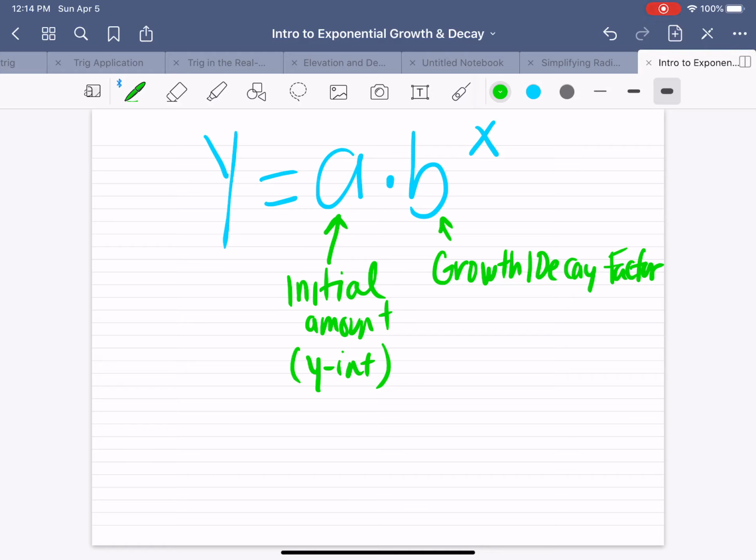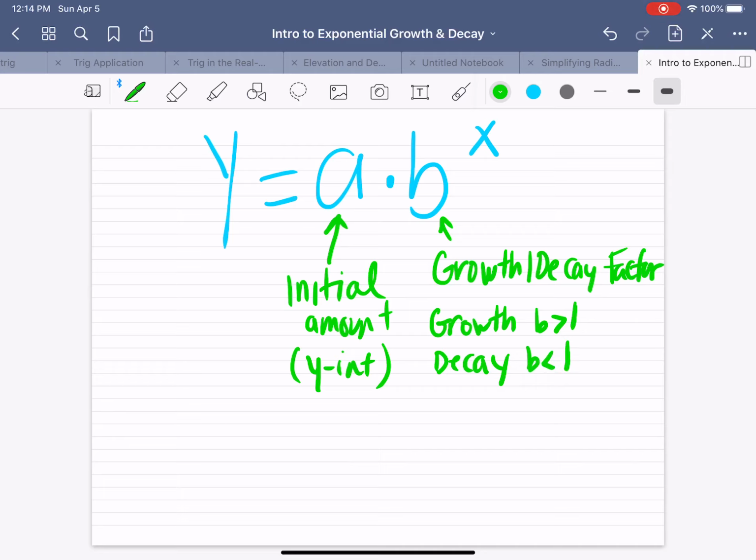Now, it'll be growth if the B value is greater than 1. It'll be decay if the B value is less than 1.